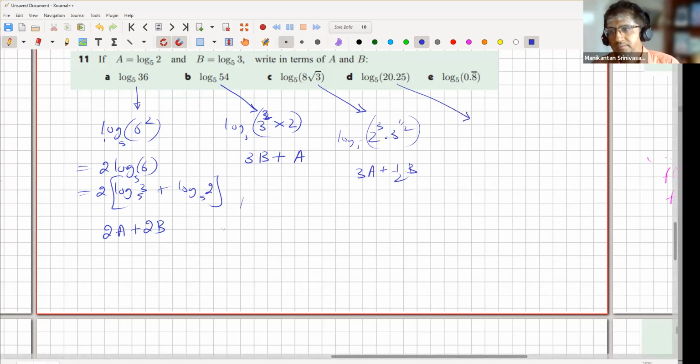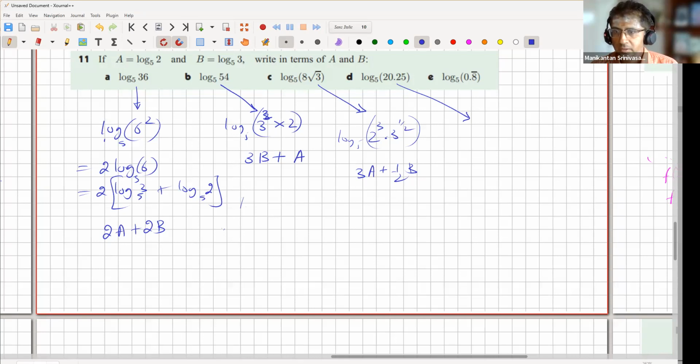So let me try this. Convert the decimal to fractions, the easiest thing to do. What is it in fractions, Avya? 20.25.